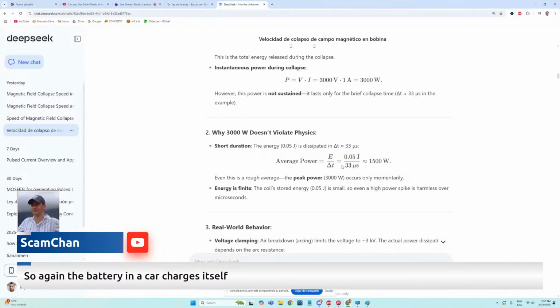Because the time is so small, in this case the average is 1,500 and the max power is 3,000 watts. So this means that this 5 joules of energy was released in only 333 microseconds.